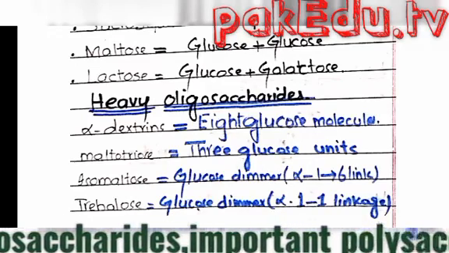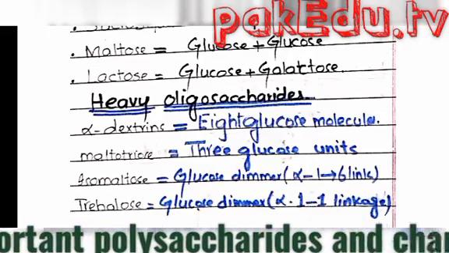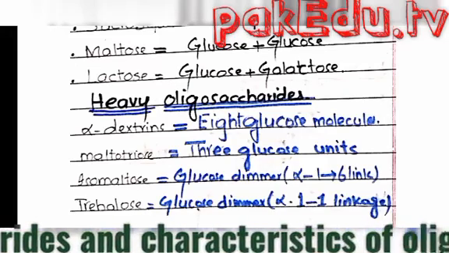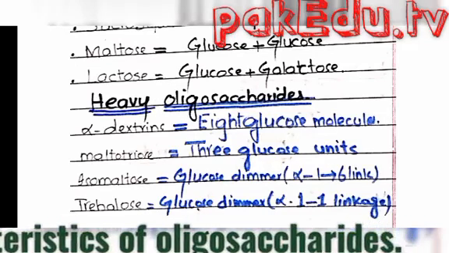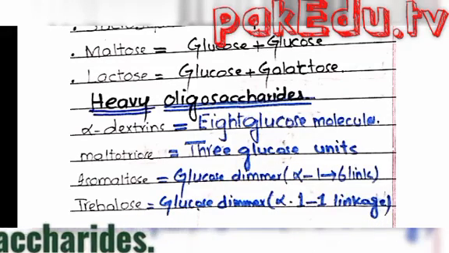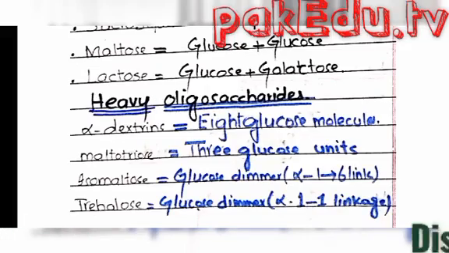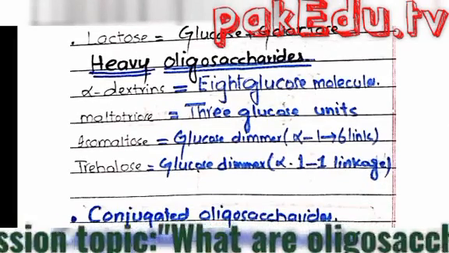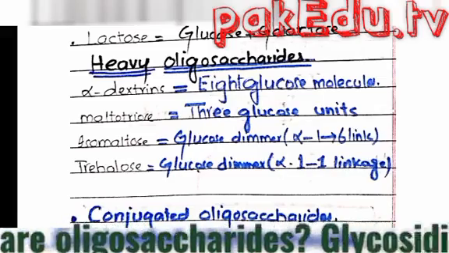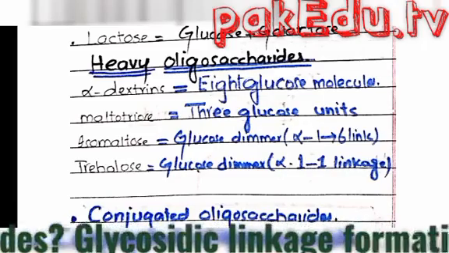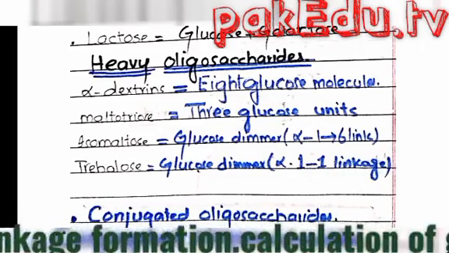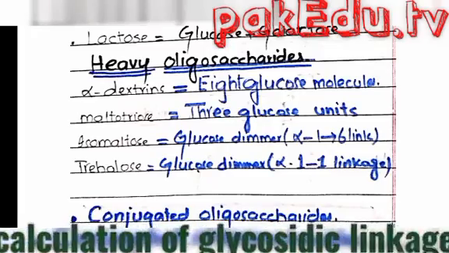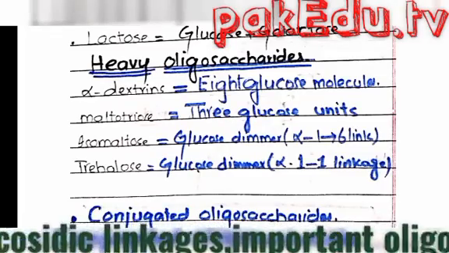Another is isomaltose, a glucose dimer in which an alpha 1 to 6 linkage is found, and another is trehalose, also a glucose dimer, in which an alpha 1 linkage is found. So these were the most important heavier oligosaccharides.